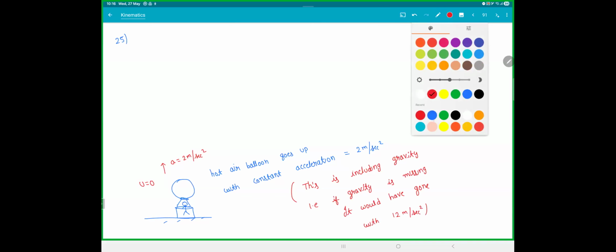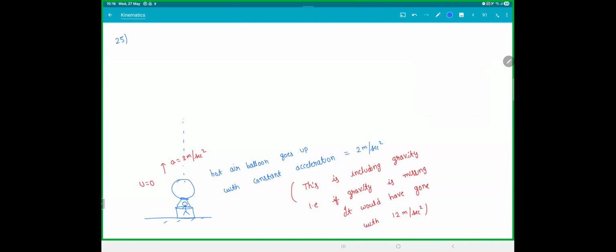Anyways, so the balloon started going up. After some time, around t is equal to 10 seconds, you dropped a coin from the balloon.